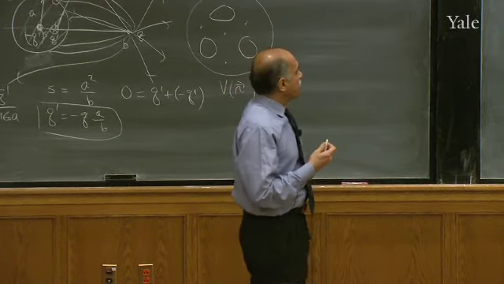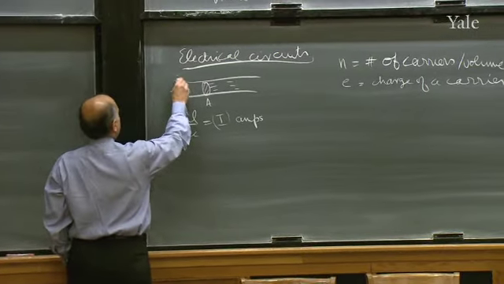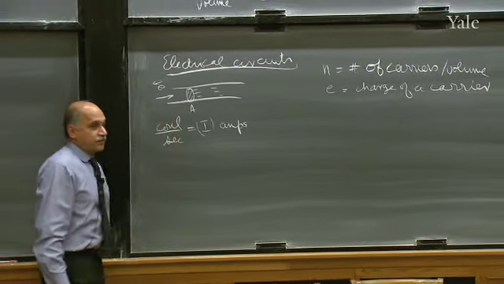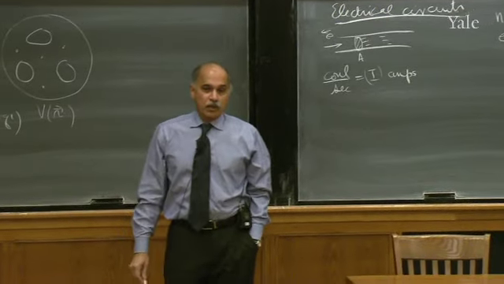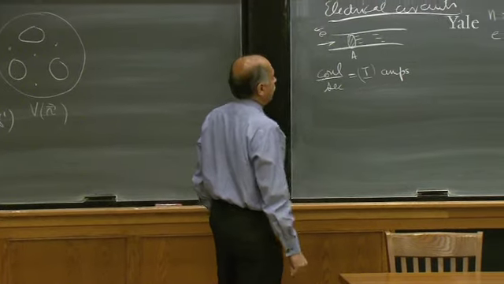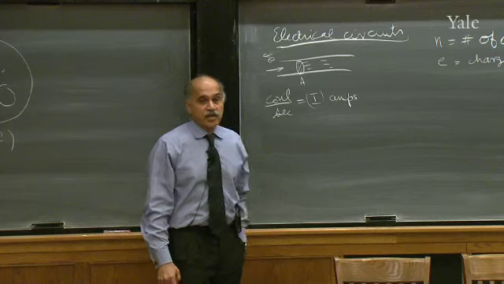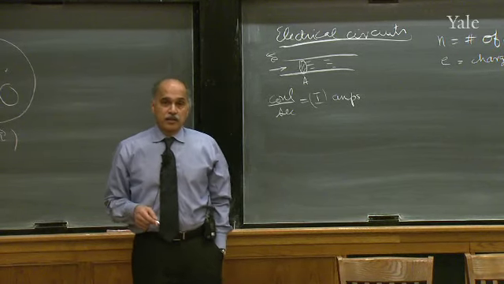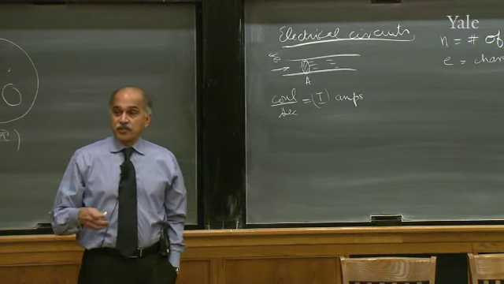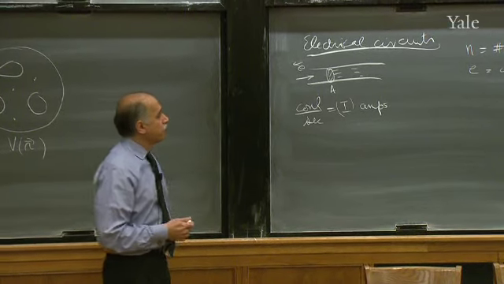Because their charge is negative, when you draw a picture like this, with the current to the right, electrons are actually moving to the left. What we will instead do is keep an eye on the direction of the current and imagine there are positively charged objects carrying the current in the direction of the current, whereas in reality it's negatively charged objects moving in the opposite direction that produce the same current.